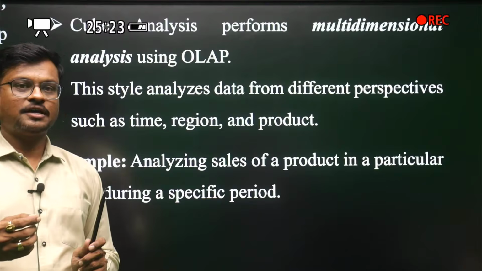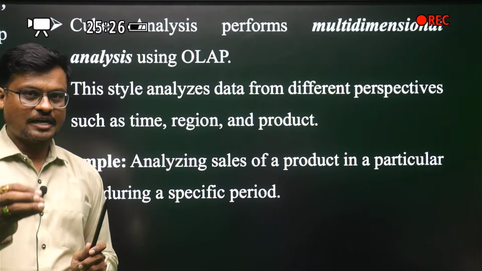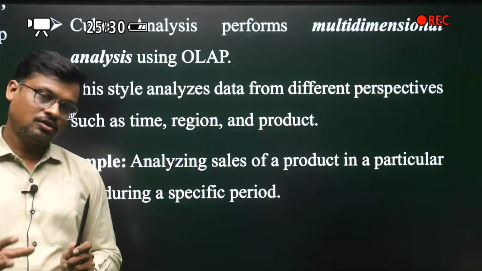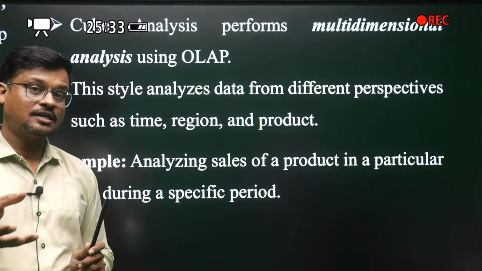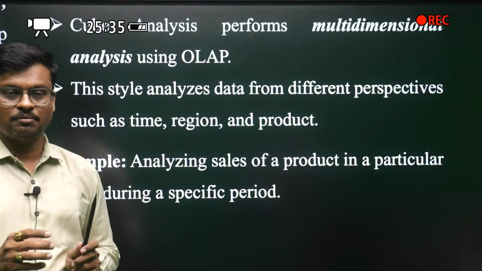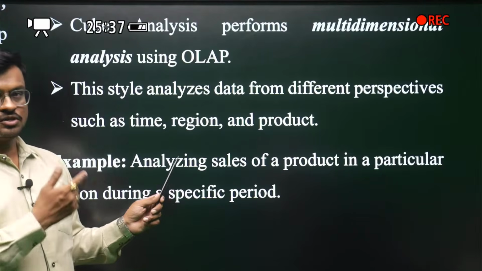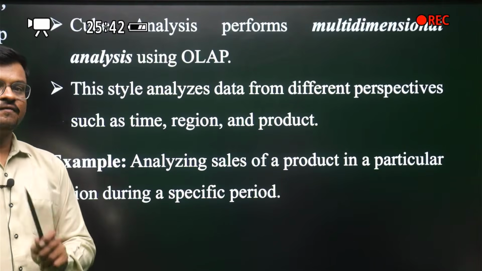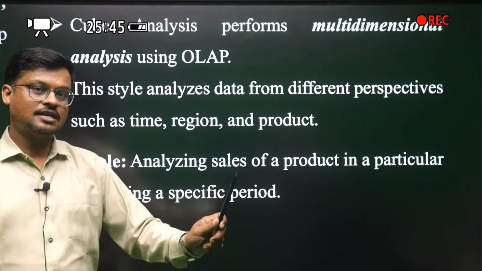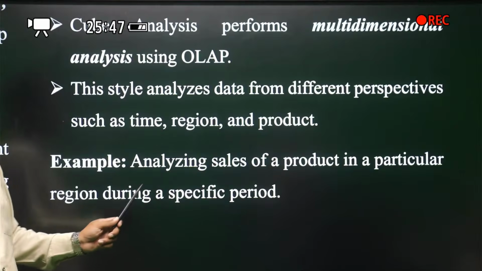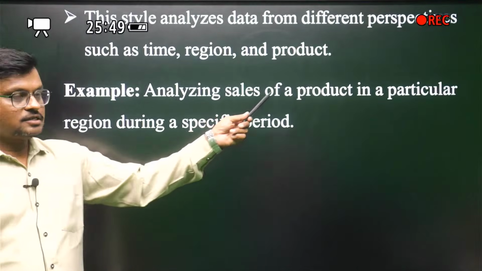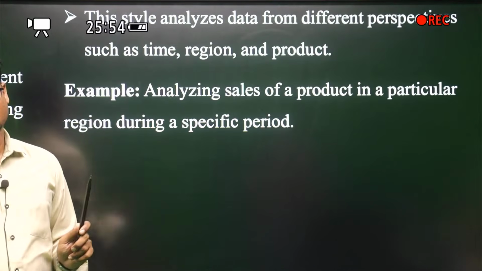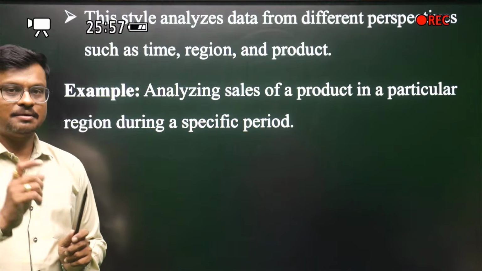You can apply filters on products, on time, on region, on location, and view the data from different perspectives. That is OLAP, online analytical processing, where data is stored in the form of multi-dimensional data cubes. Example, analyzing the sales of a product for a particular time in a particular region. That is an example of a multi-dimensional cube.